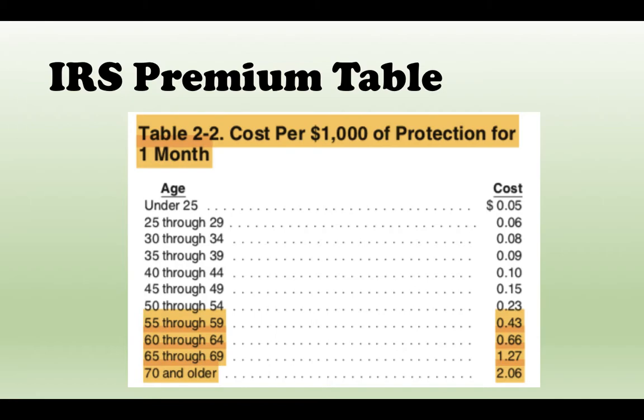That's fine. But as you get older, especially in your 60s, when you go from 64 to 65, this factor just doubles within a year. That will double your taxable amount.